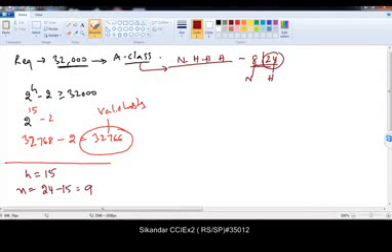If you want, I can write it one more time. Network means 1, 2, 3, 4, 5, 6, 7, 8. Host means 1 to 8, 1 to 8, and 1 to 8. So in total there are 24 host bits.